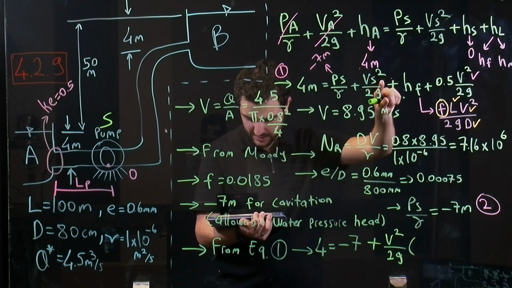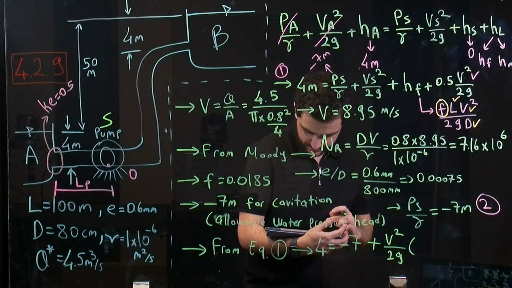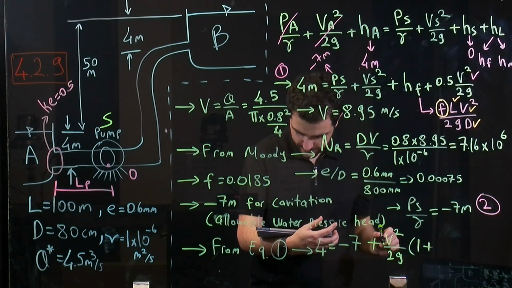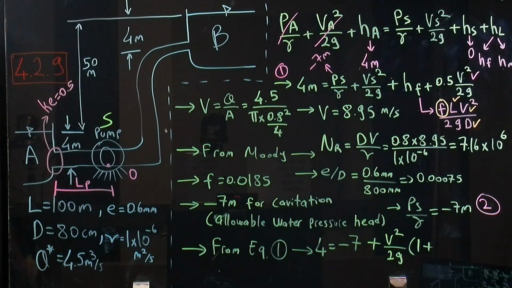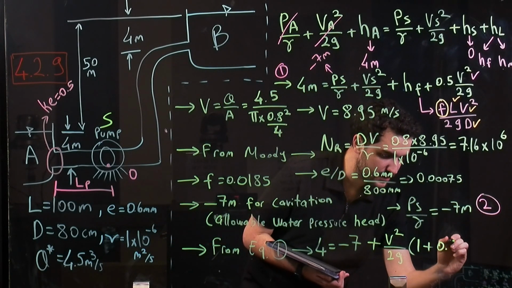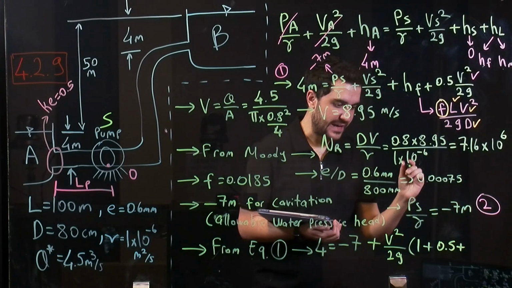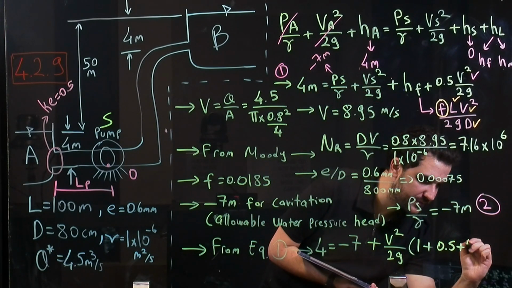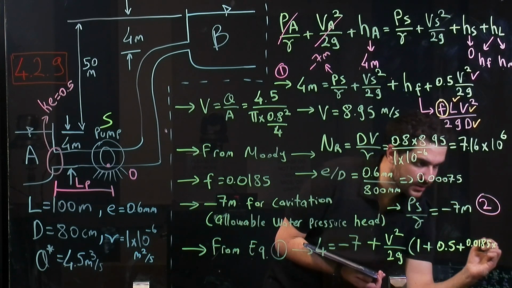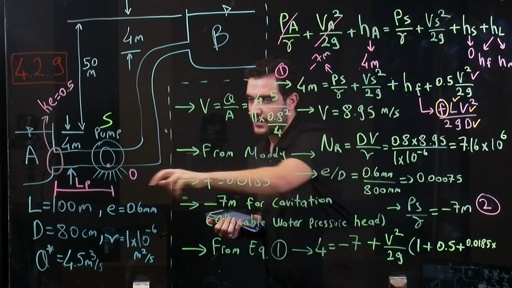So we have 1 here, we have 1 here, we have 0.5 here, plus we have this friction loss, so we have F, which is 0.0185 times the length, which we will be finding.